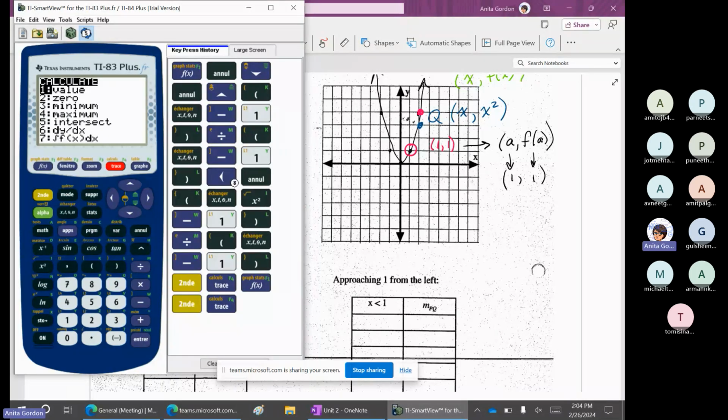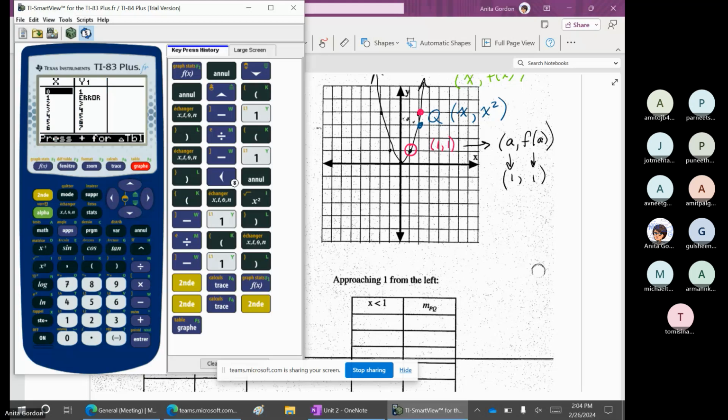What am I missing? Oh, right, table of values, Miss Gordon. Second table, the very last one on the top right, my bad. So how do we go back from calculate to second function? Oh, you can just type second graph. It'll take you to the table window.